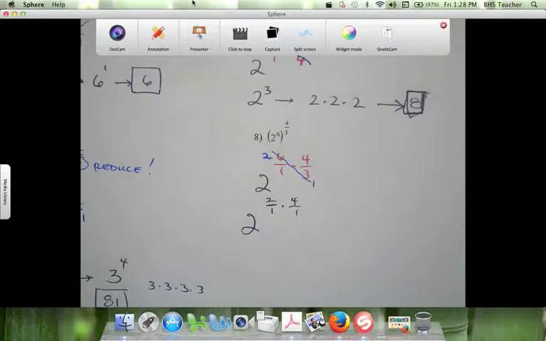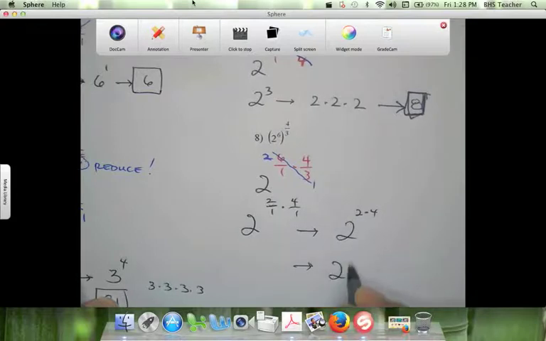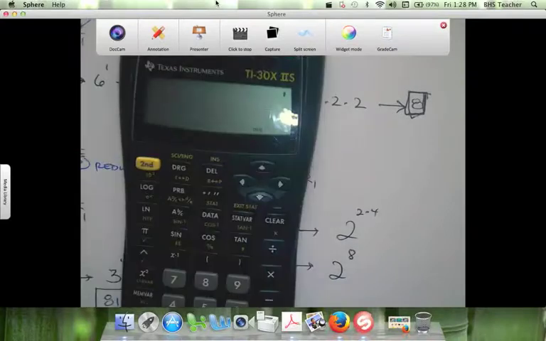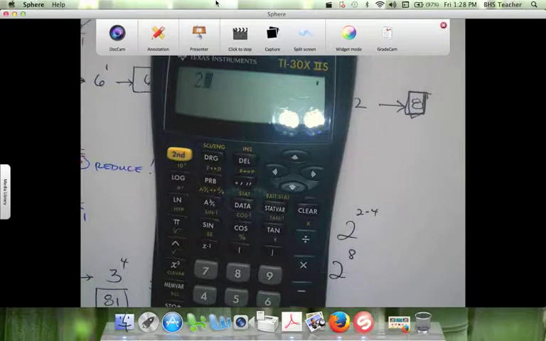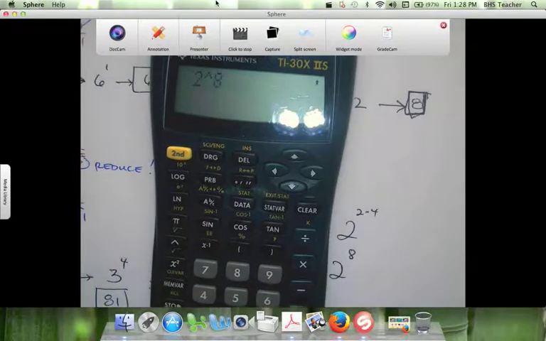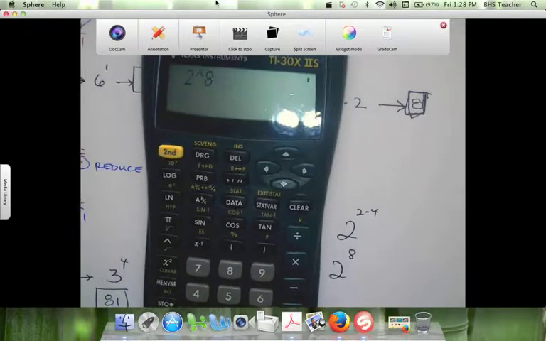That's the same thing as 2 to the power of 2 times 4, which is 2 to the power of 8. Let me try here. 2 to the power of 8, the big number, equals 256.